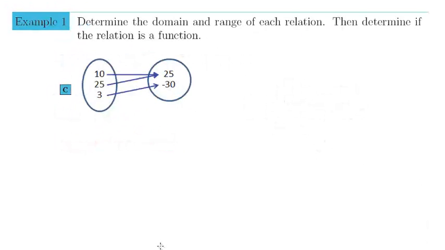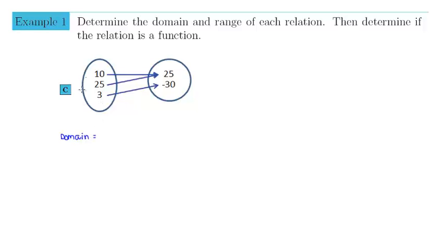Our next example is an example of a relation expressed as a map. Determine the domain and range of the relation, and then determine if the relation is a function. Example 1c. It's a mapping from the numbers 10, 25, and 3 to the numbers 25 and -30. Let's start by identifying the domain, the x values, the input values.